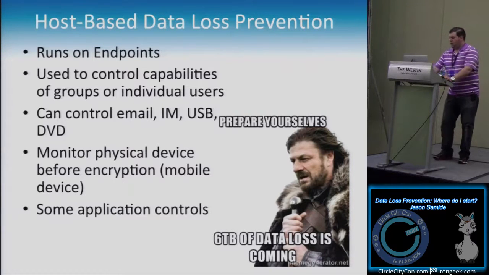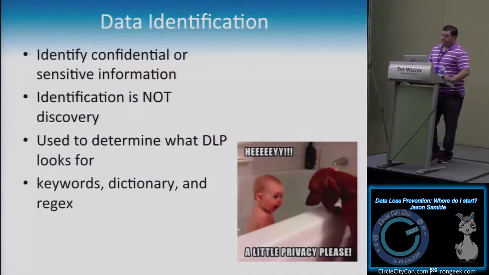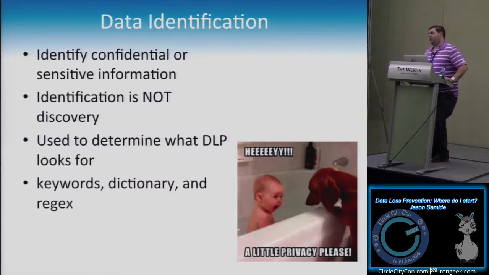So one of the most important aspects of a DLP program or process is data identification. A lot of times companies will say, okay, we're just going to get this piece of technology, put it on the network, and that's going to be our compliance check for DLP.